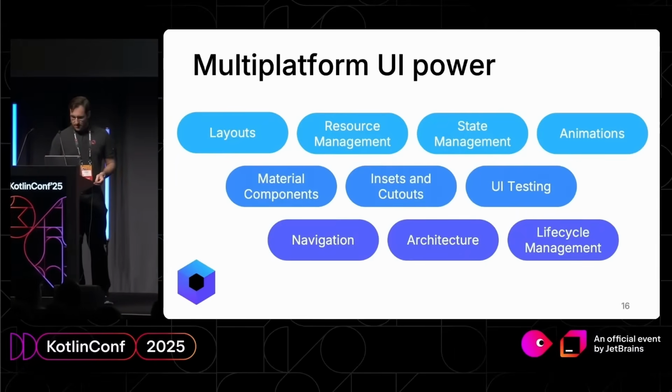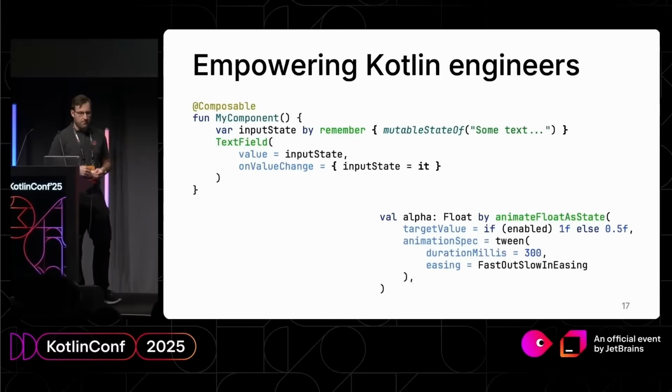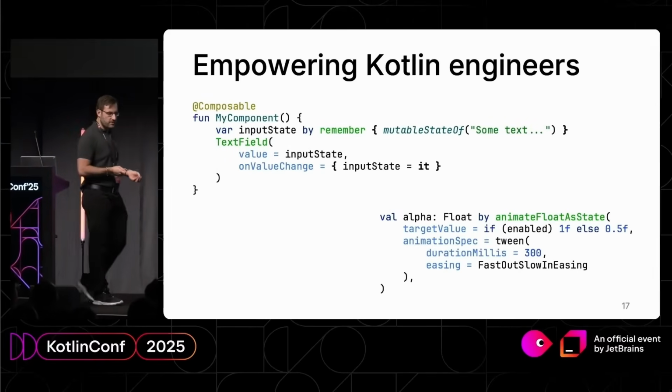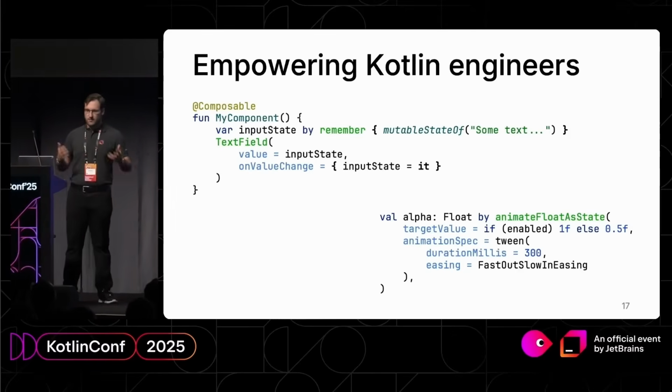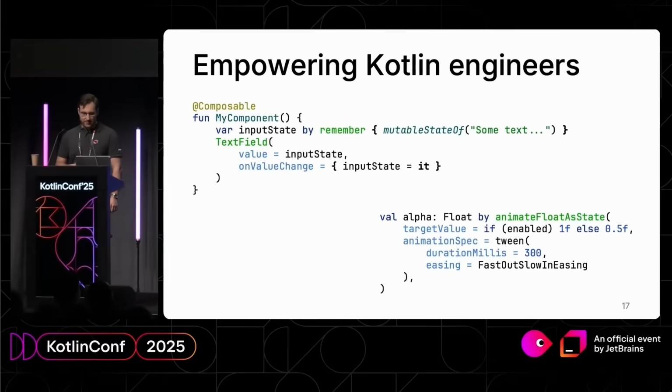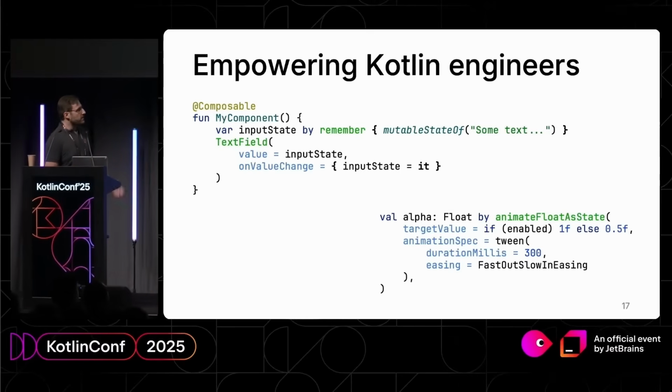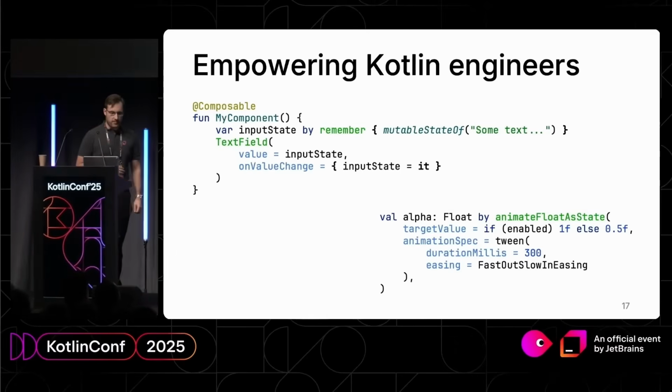And it's really about bringing you to a point where you're empowered to write this kind of code, right? These are very simple code snippets that if you have ever touched Jetpack Compose, I don't think should be very surprising, right? State management is the exact same way. The way that you write animations is exactly the same way.